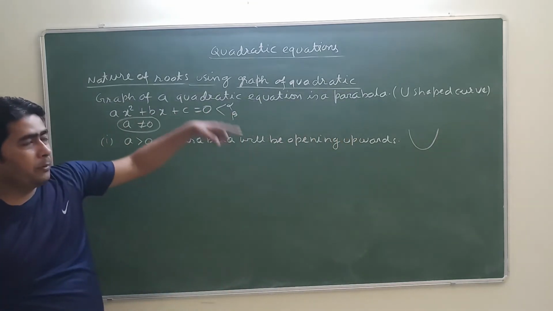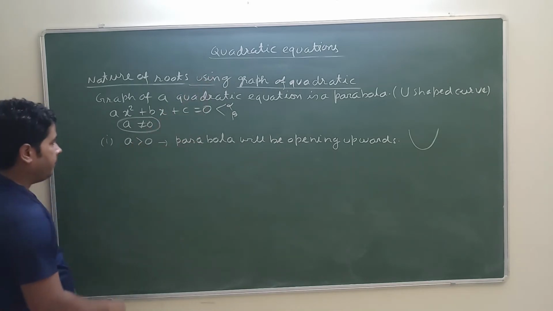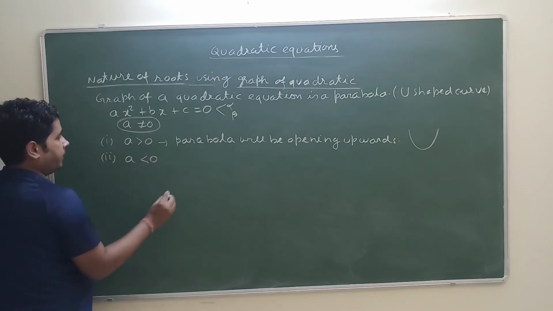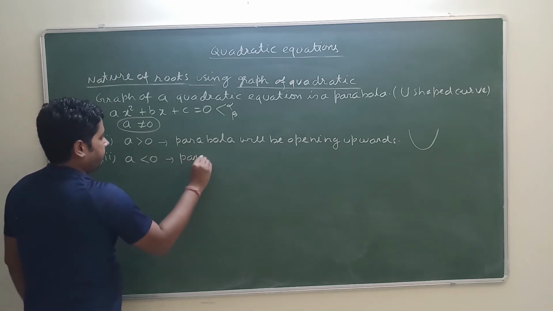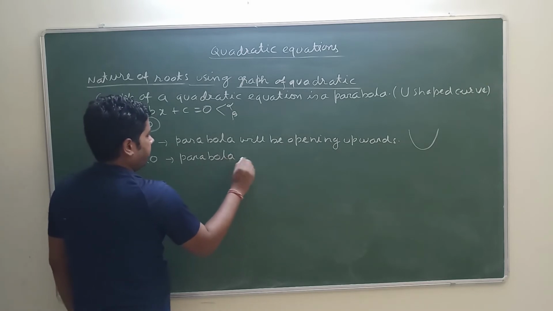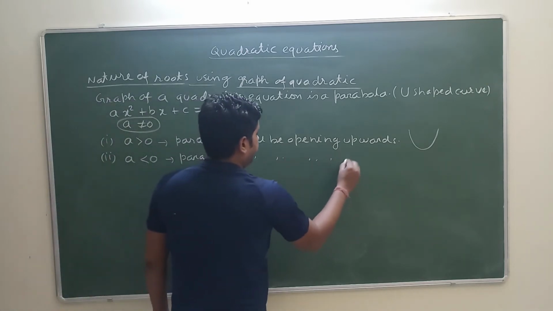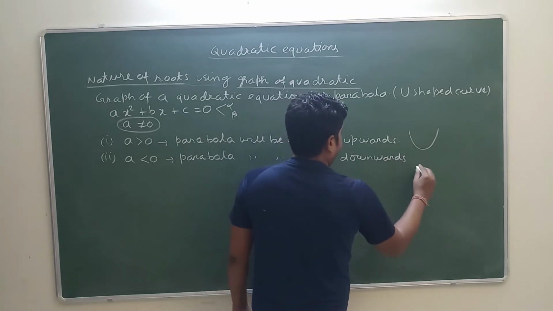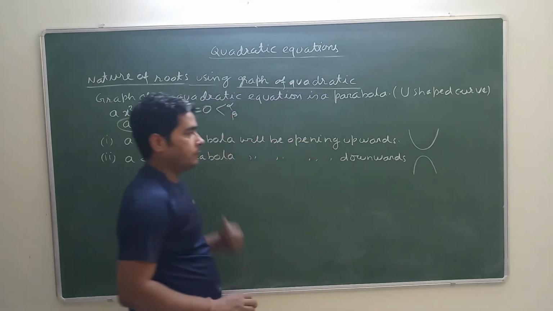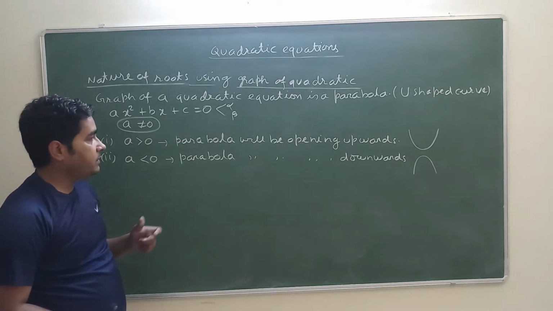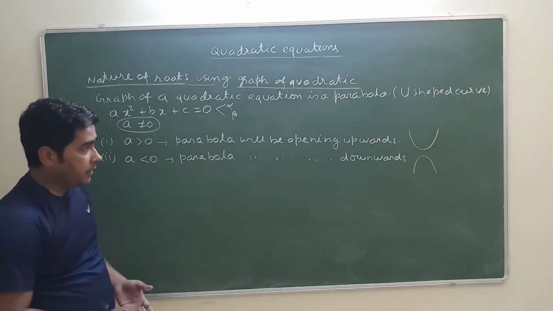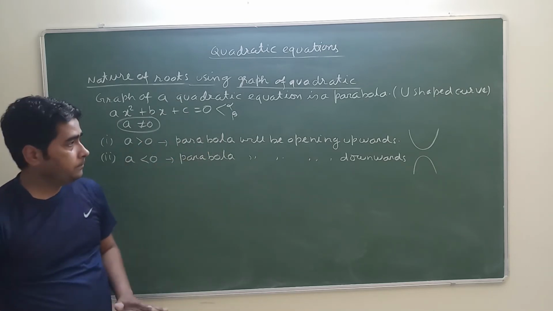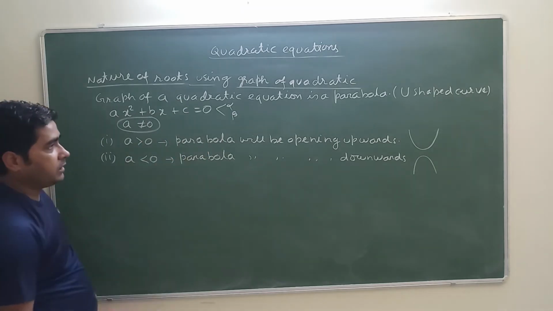This parabola will be opening upwards. Okay. Second situation, if this a is negative, that parabola will be opening downward. Means it will be like that. Okay, so just by seeing the equation, you can find whether the graph will be opening upward or downward.